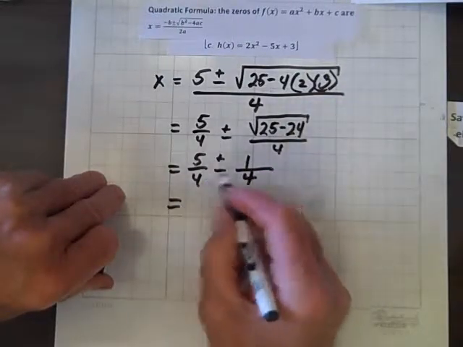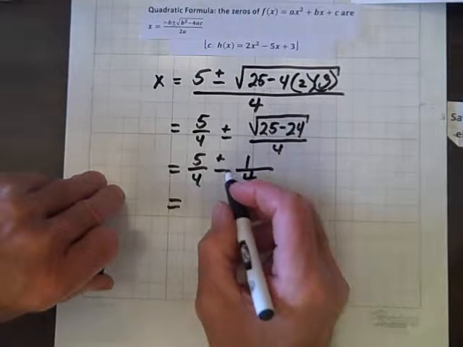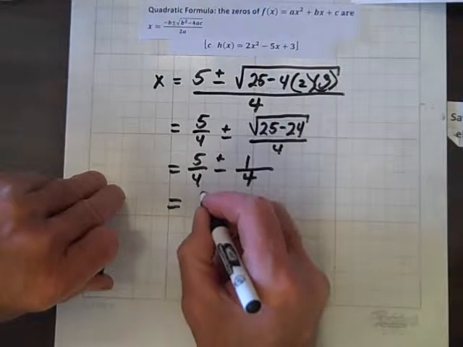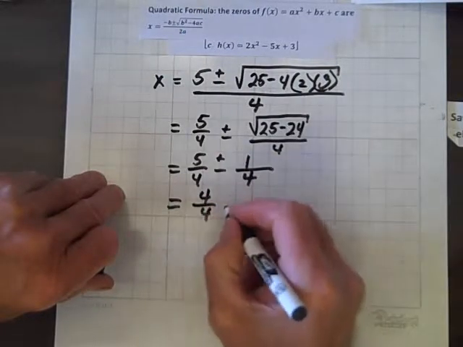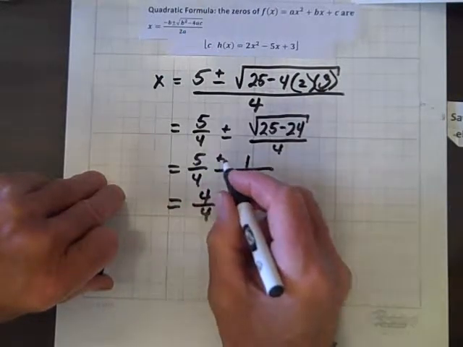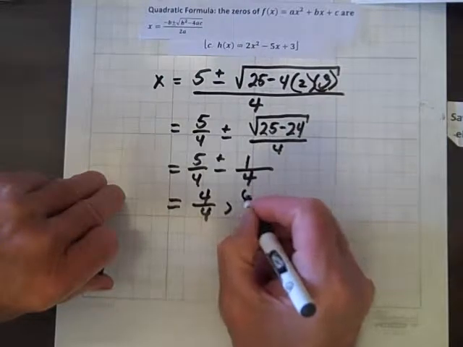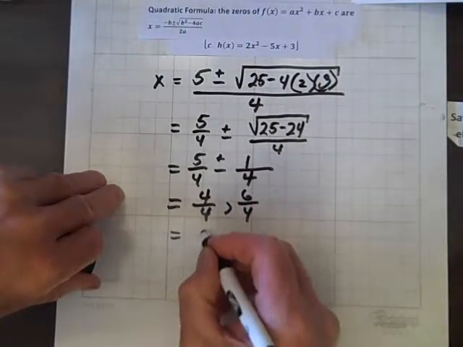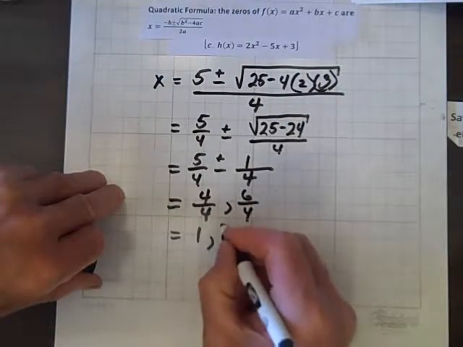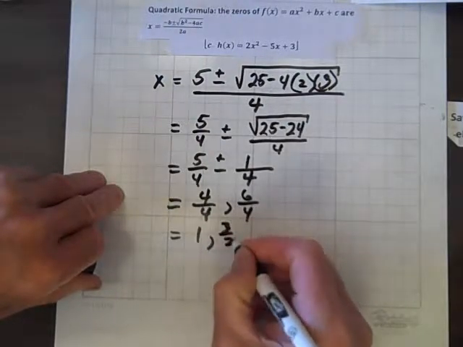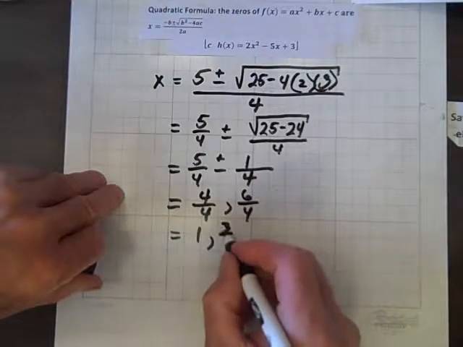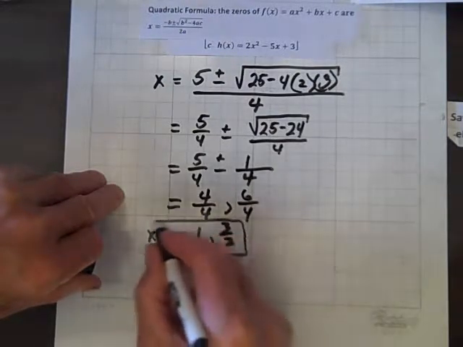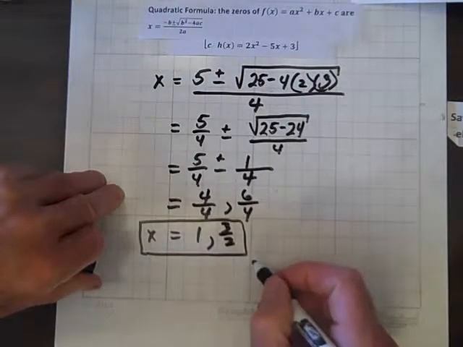So now we simply have to sum these fractions, and 5/4 minus 1/4 is 4/4, and 5/4 plus 1/4 is 6/4. And reducing these, we get 1 and 3/2, and these are our zeros. x equals 1, or x equals 3/2.